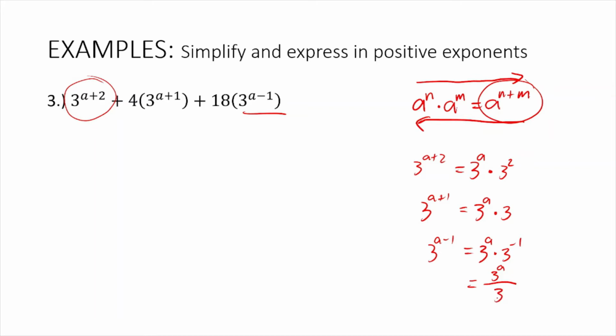Okay, so let's plug in these equivalent expressions for our overall expression here. We have first term 3 raised to the power of a plus 2, which is equivalent to this expression.